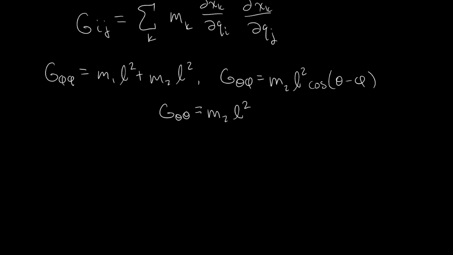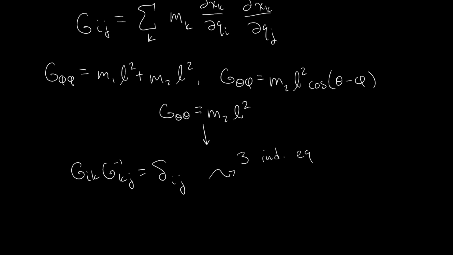And now we use this to find G inverse. By using G inverse_ik G_kj should be equal to the Kronecker delta. And this just gives us a set of three independent equations, which we can solve for the 3 independent elements of G inverse.